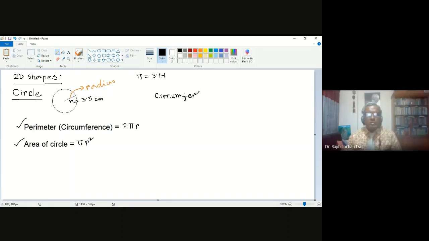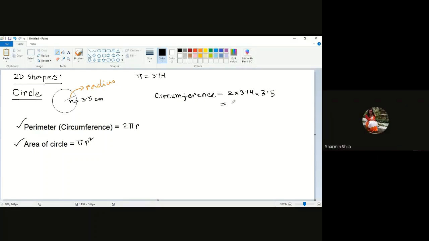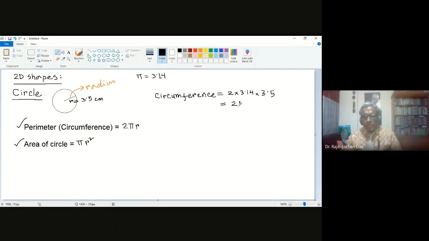Just you understand these are two different names. That's all. So in this case, it will be 2 into 3.14 into 3.5, and answer will be something like 21.99. Okay, good. So it is 21.99.